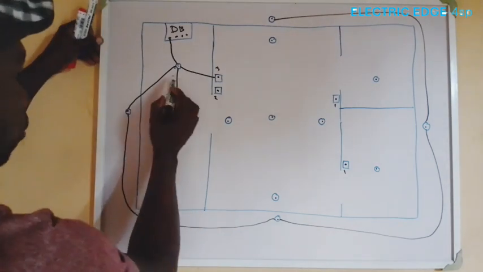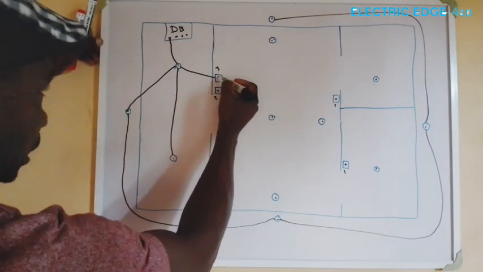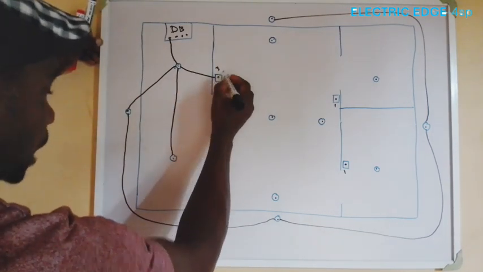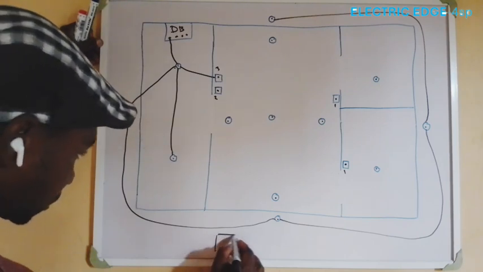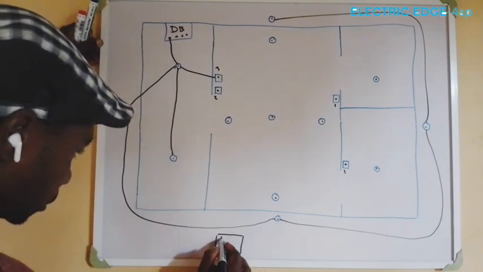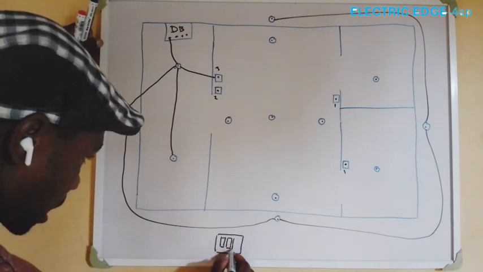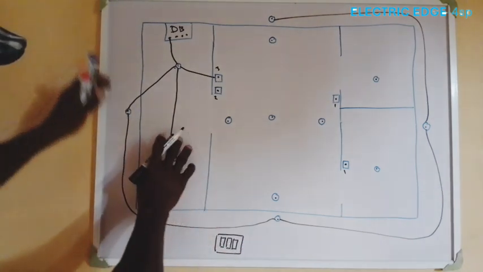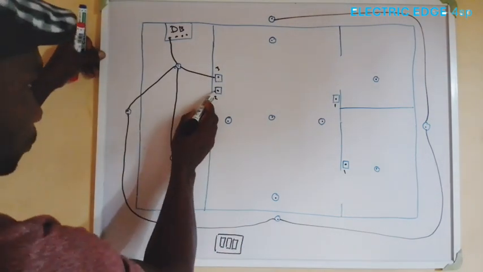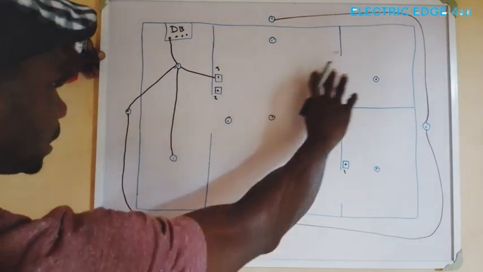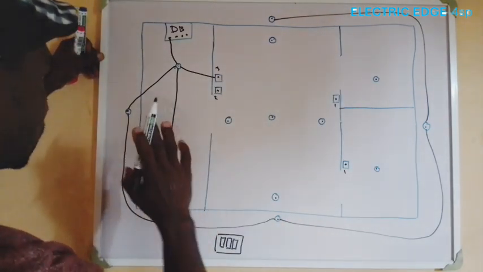So here we have one of the gangs. We have our switches such that it is this way. This is one gang, another gang, another gang. So we are coming to the wiring. For this particular one, we're going to make this part one circuit.